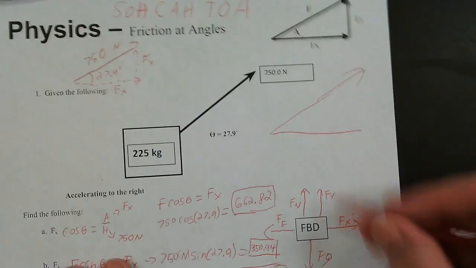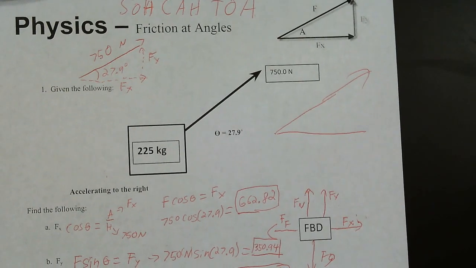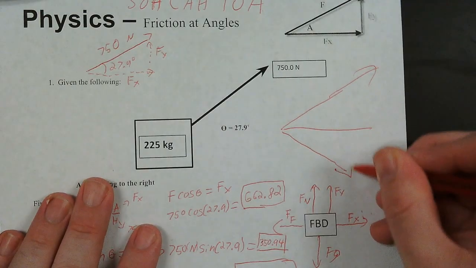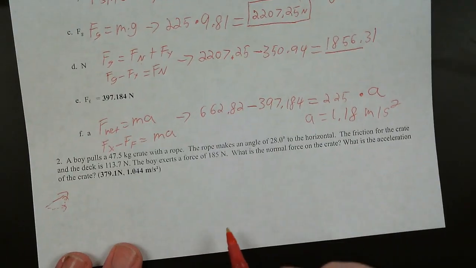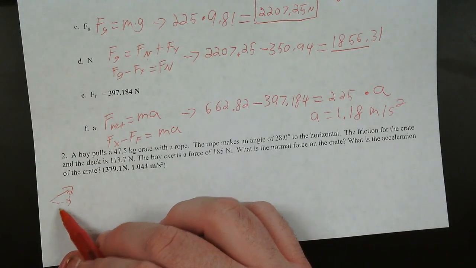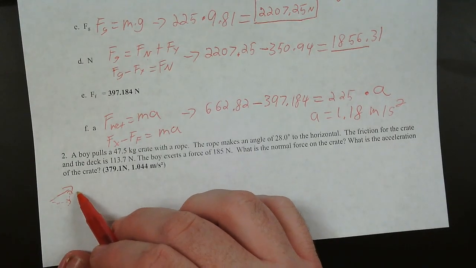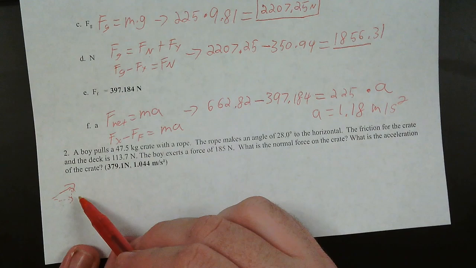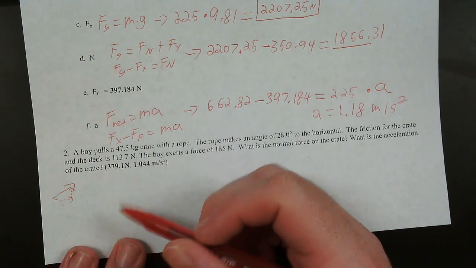If it was said to be below the horizontal, which some problems do, then it would point down like this. It depends on the situation. In this case, it is above the horizontal, so I have a positive Fx and a positive Fy. That means my y will be pointing up, and my x will be pointing to the right.